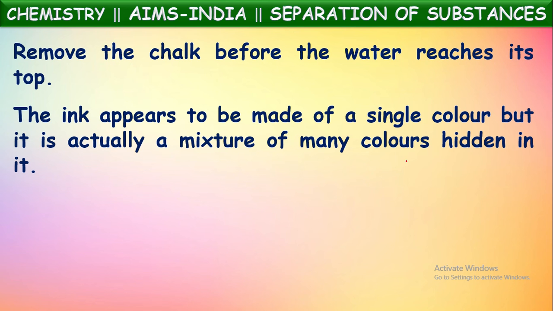Then these ink particles will dissolve into water and the different particles present in the ink start moving up. The lighter particles will move faster, whereas the heavier particles move slowly. In this way, they form two or three different layers on the chalk piece. You can see different color rings there.